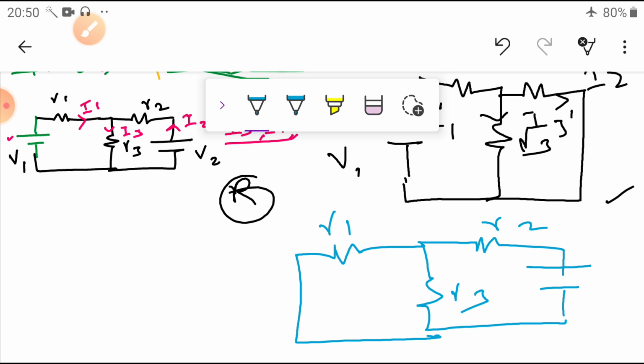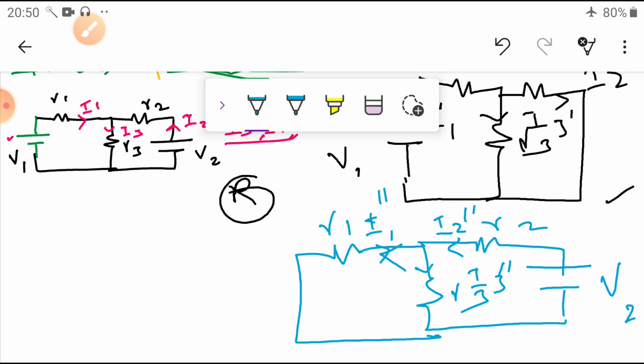Simple, the passive elements are the same. Now, this is V2. Now, I want to know what the current is. This is called I2 double dash, and I1 double dash. We have taken the current flowing in this direction. Whatever direction you assume, no problem. I1 double dash, I2 double dash and I3 double dash.